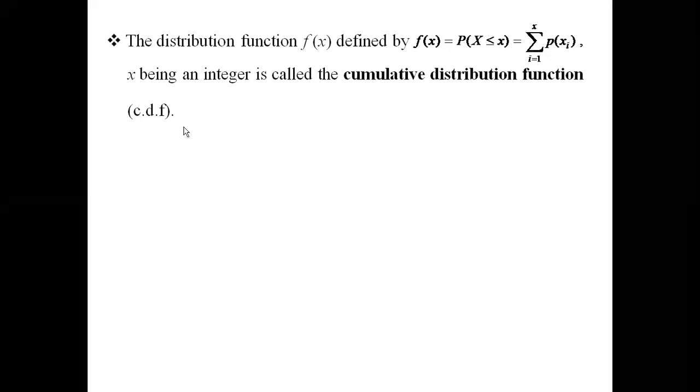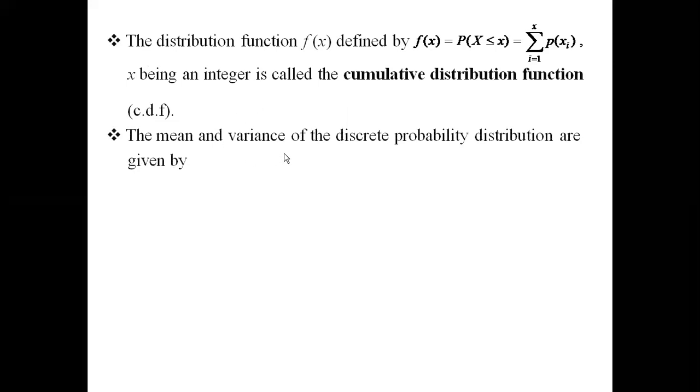So sometimes we would like to know the cumulative distribution function for the given set of values of x and the probabilities. In such a case, we use the formula f of x is equal to probability of x less than or equal to every value of x, wherein we apply summation 1 to x of p of xi. This gives us the cumulative distribution function. Here, x is an integer.